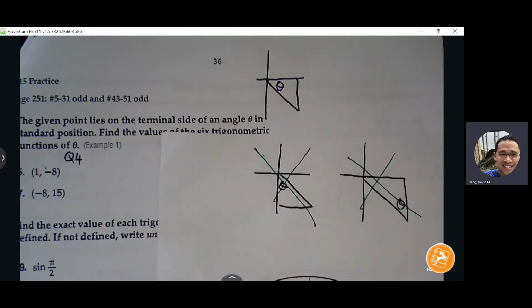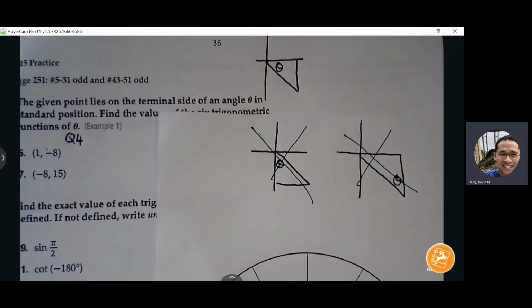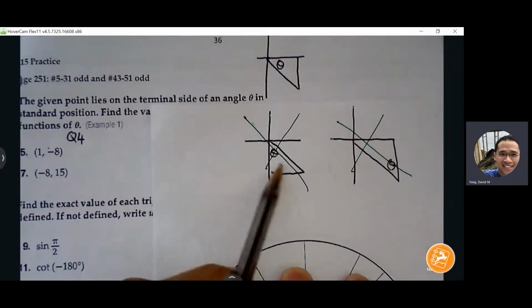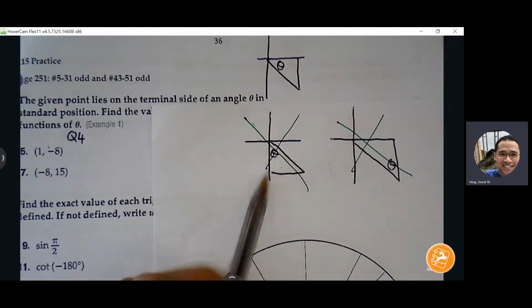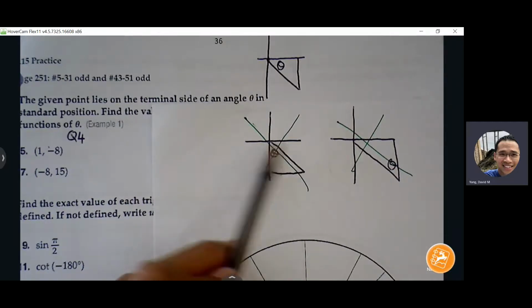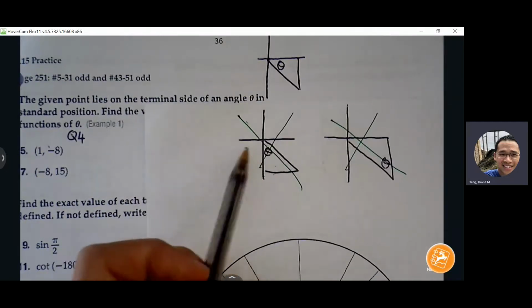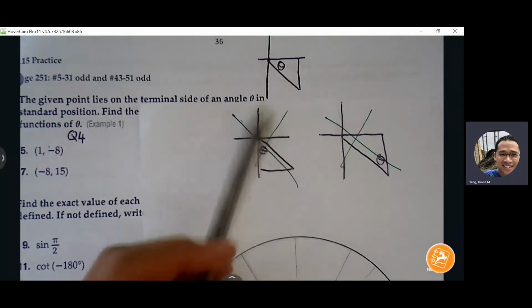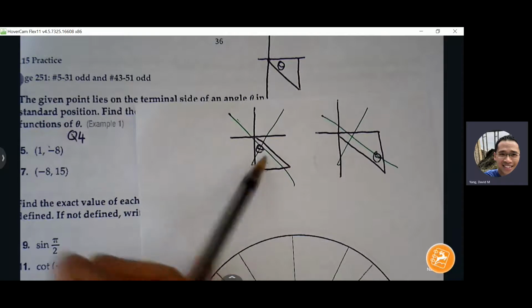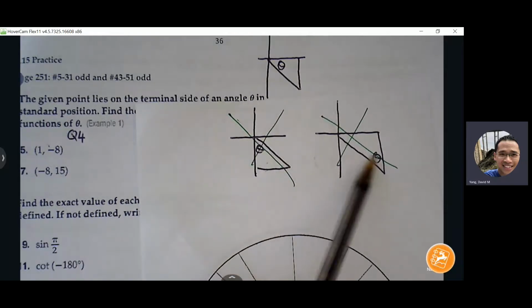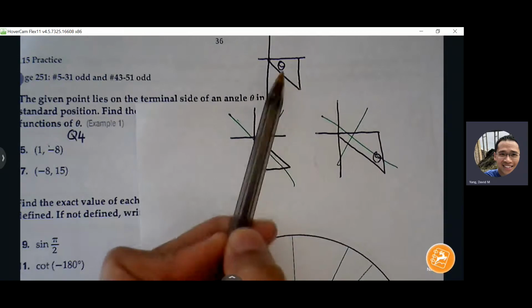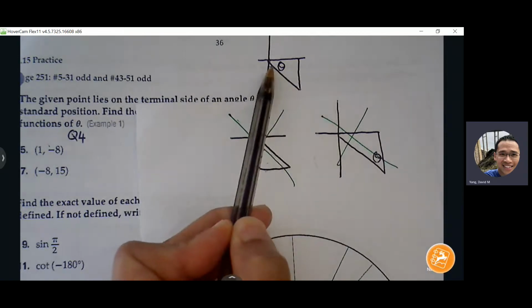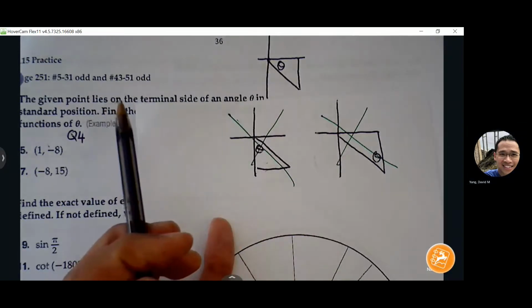These are ways to not draw the triangle. We don't want to draw it this way, because here you're drawing it with the y-axis, which is not correct. So make sure you're always involving the x-axis, never the y-axis. And second, make sure your theta is not far away. Your theta is going to be right closest to your origin, or involving your origin.